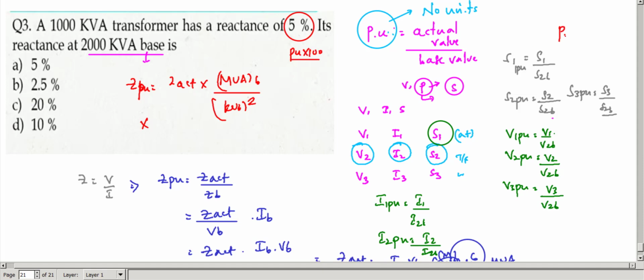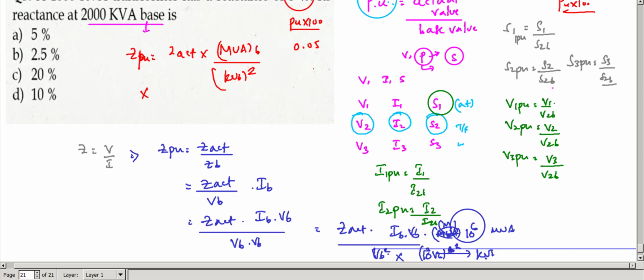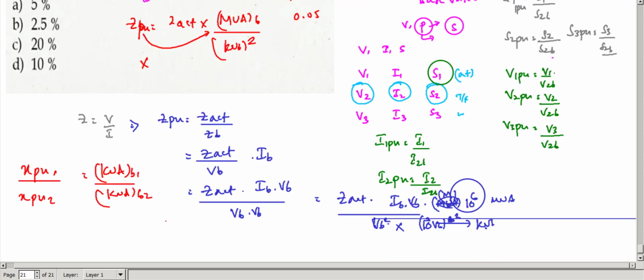So the per unit value is 0.05. So you can have a relation: X per unit is directly proportional to the MVA. So X per unit 1 by X per unit 2 equals kVA base 1 by kVA base 2. Directly you have a relation.